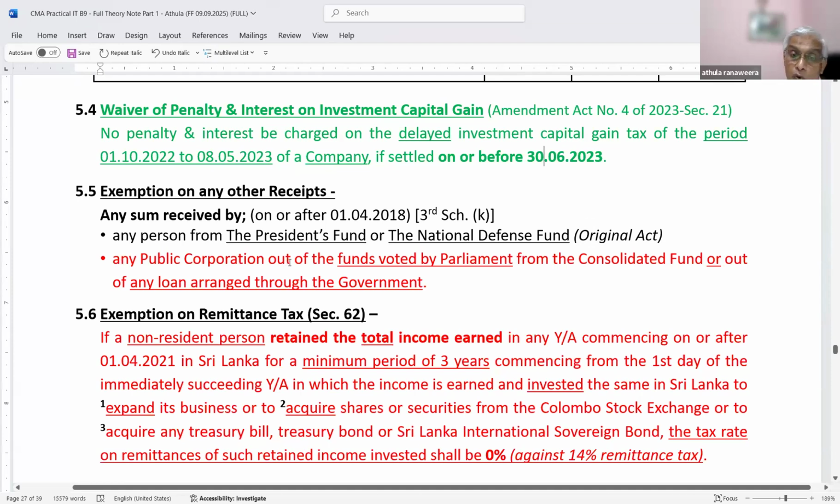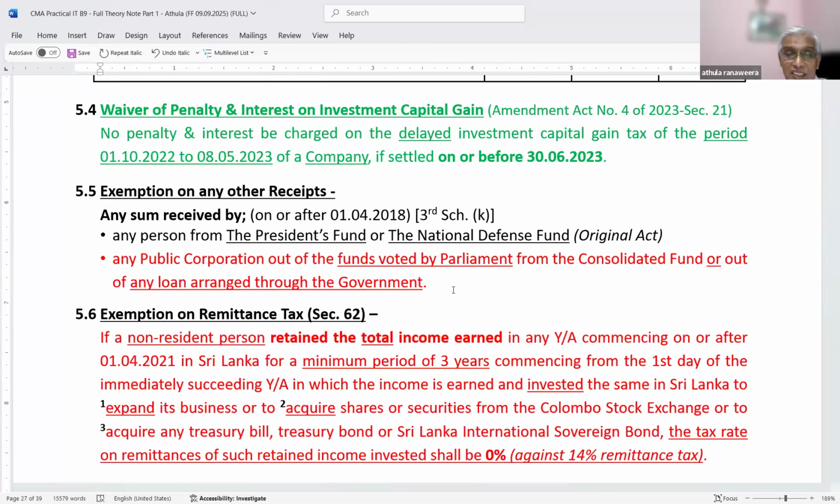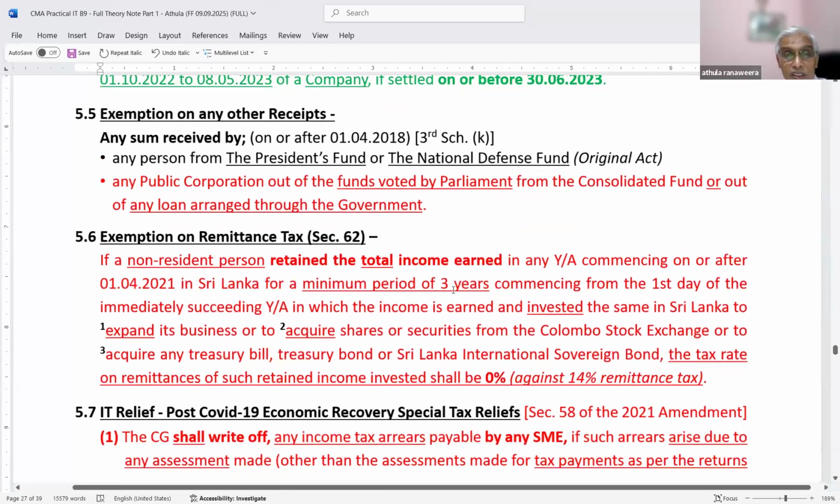Then received by any public corporation, out of funds voted by the parliament from the consolidated fund or out of any loan arranged through the government, it is tax-free. What is the use of charging tax from a public corporation for a thing like this? Therefore, they made it exempted.